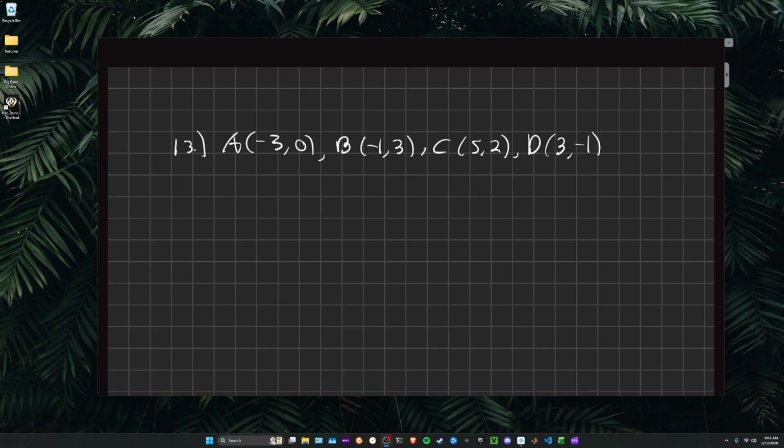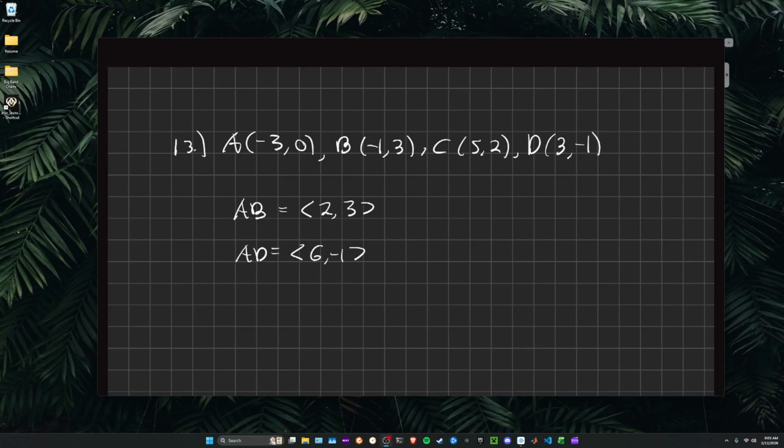We can take the adjacent sides from A, firstly. So we could say A to B is the vector 2, 3. A to D is the vector 6, -1.